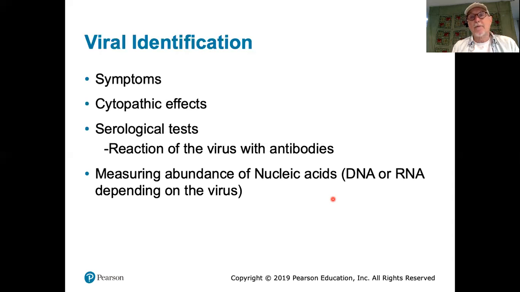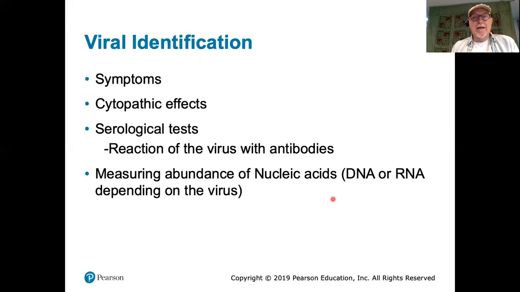They are very specific to certain kinds of cells in certain hosts. And if we can look at effects of a virus on the cells themselves, we can often get close to identifying what virus it is that we are looking at.